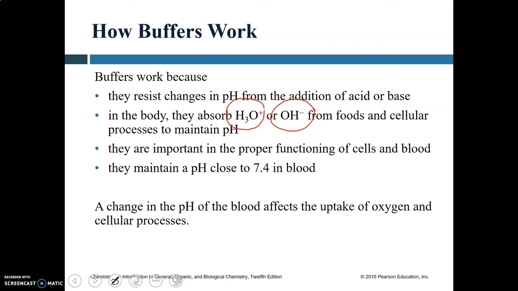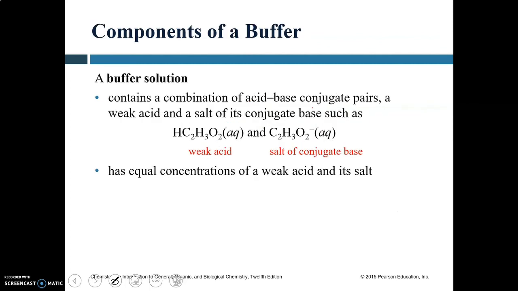If pH in the blood is changed, it may affect processes like uptake of oxygen, transport of carbon dioxide, functioning of kidneys, and even cellular processes. A buffer solution contains a combination of two acid-base conjugate pairs, and it usually contains a weak acid and a salt of its conjugate base.